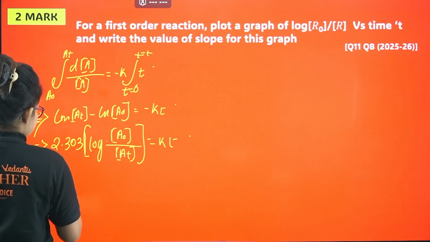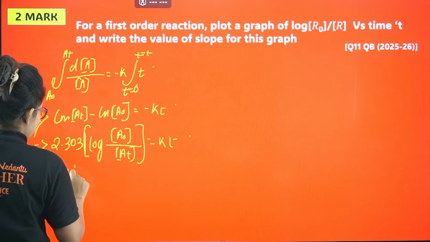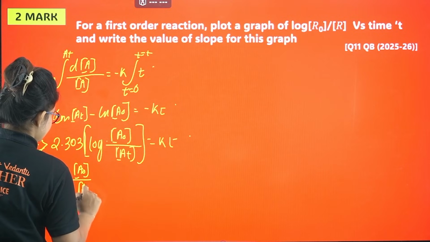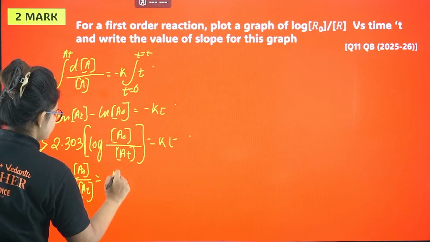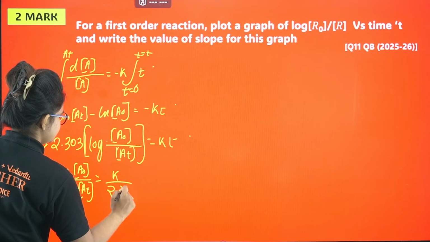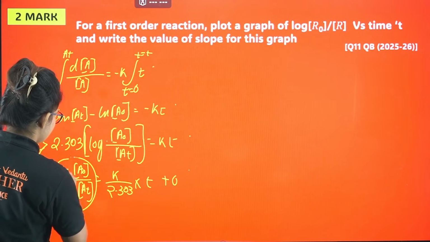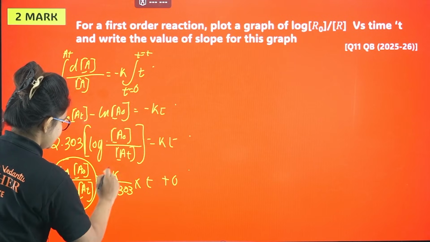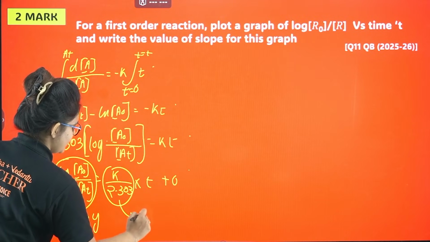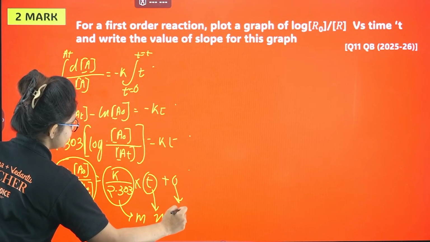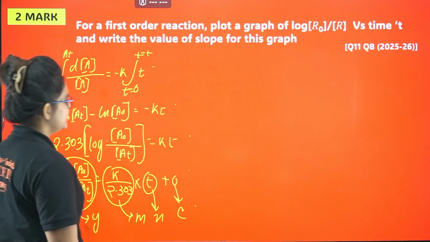So now if I just change the side, log A naught by At is basically equals k by 2.303 into t plus I can write 0. So this is your y, right? This is your m, this is your x, this is your intercept. 0 intercept means it is passing through origin, right?